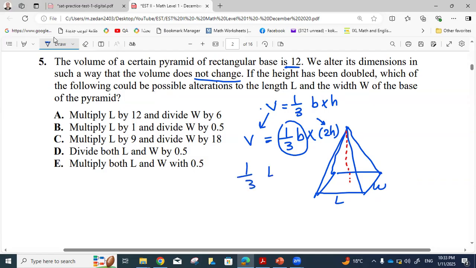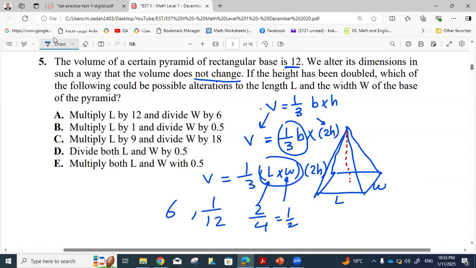So 1/3 the length and the width multiplied by 2h. To maintain this value to be still V, you have to multiply length and width by half. This means if you multiply the length by 2, you divide the width by 4, to be like 2/4, which is half. Or you multiply the length by 6, and the width by 1/12, to get a half. And this exactly happened in C.